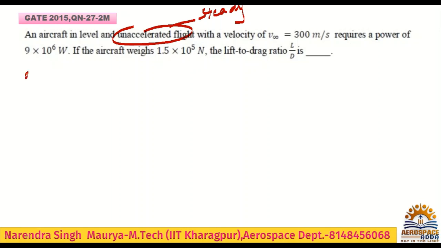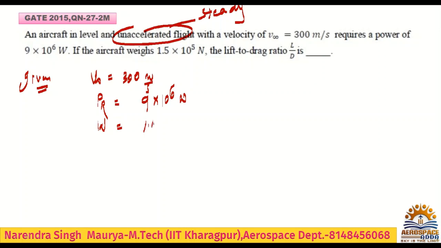So you just write the given data first. V infinity is given as 300 meters per second. The power required, I will denote by PR, is 9 into 10 power 6 watt. The weight of the aircraft is 1.5 into 10 to the power 5 Newton.